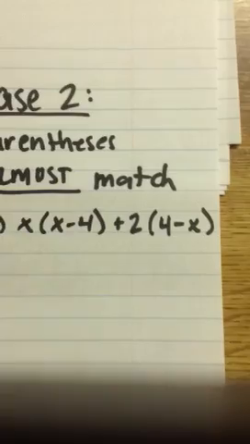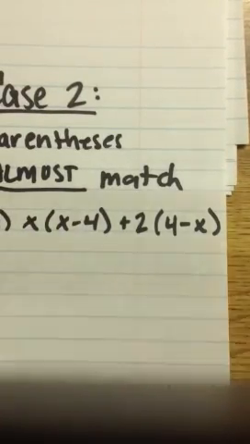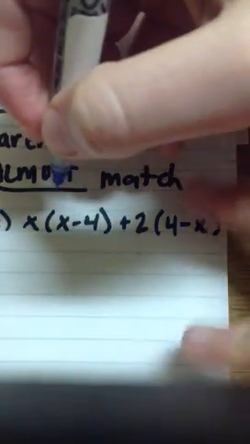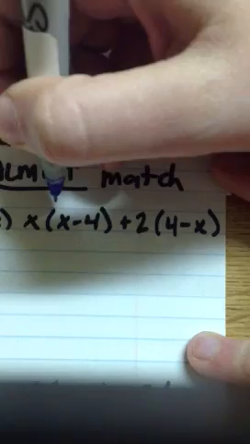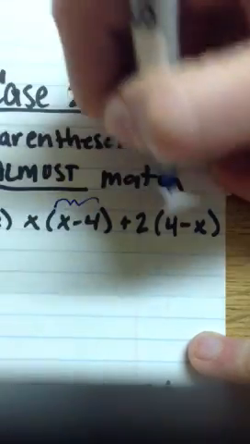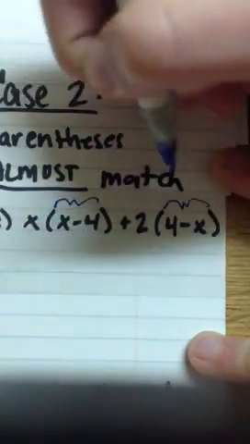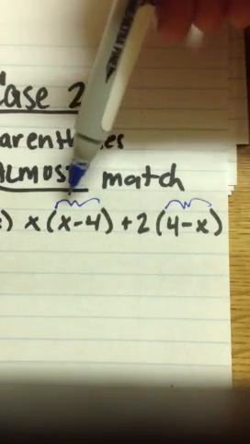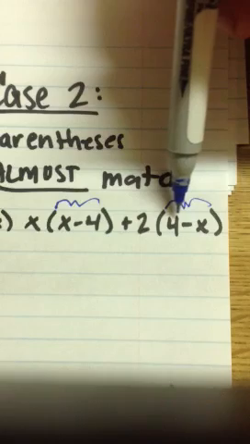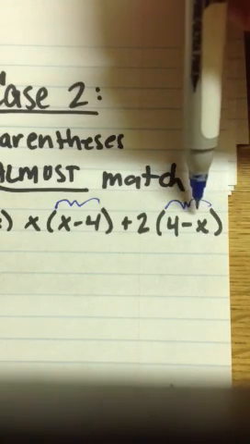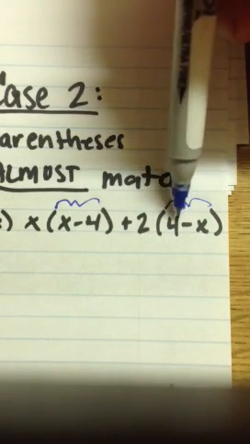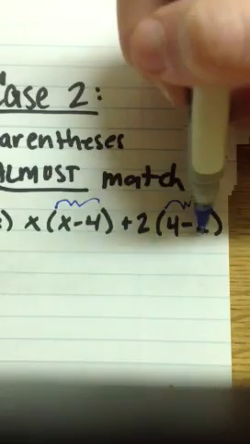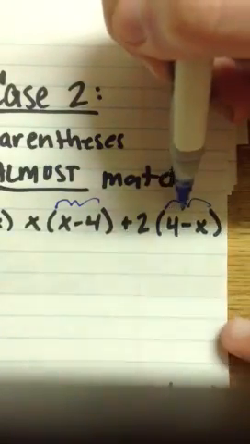For example, in my first one, my parentheses almost match because I have x minus 4, but then I have 4 minus x. I can't factor it out until it looks exactly the same. Since my first one says x minus 4, I want to change my second one so it also says x minus 4. But that means my x has to become positive, so this is going to have to change.